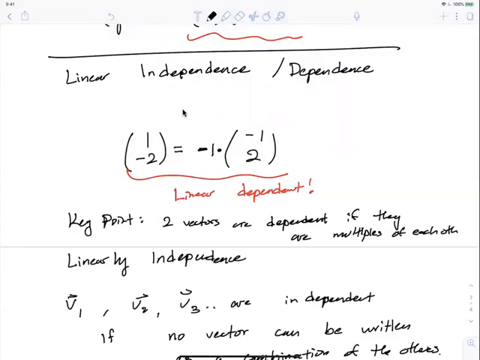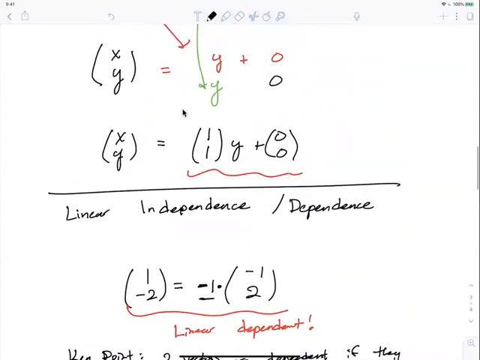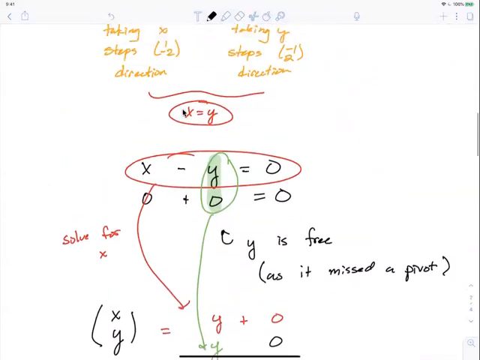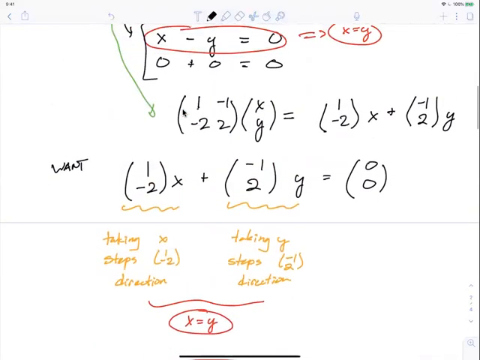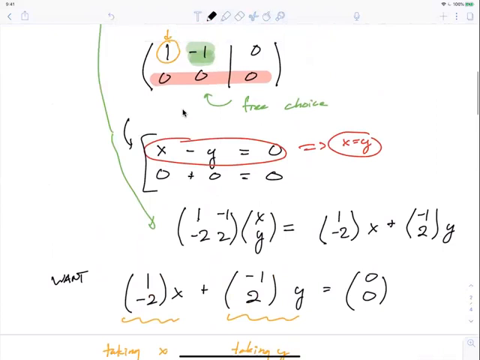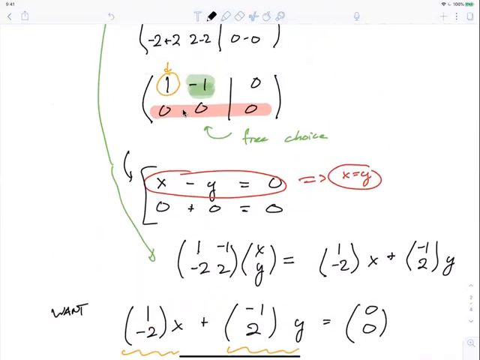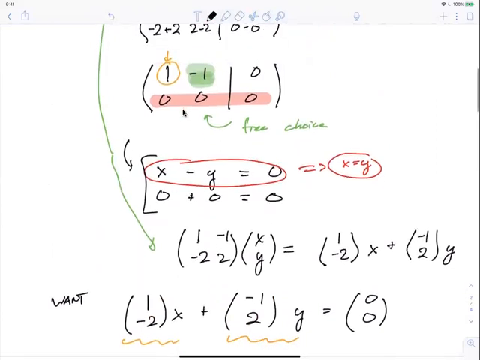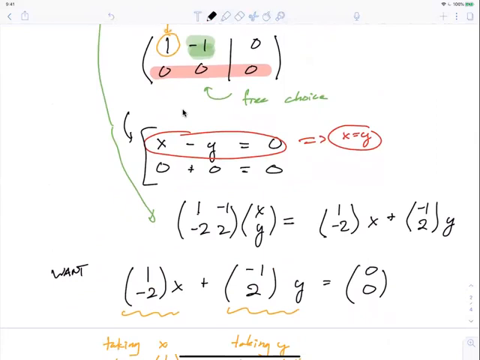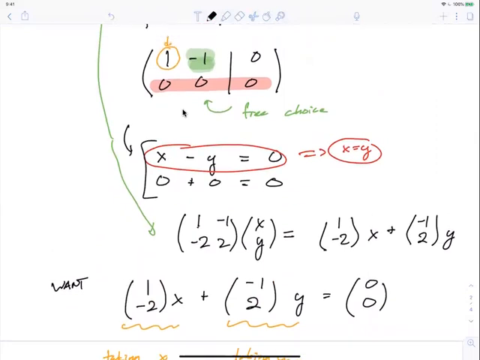So the common ratio here would be -1. And if you go back and look at what's really happening when you solve these linear systems, the reduced echelon form that you arrive at is secretly and kind of mysteriously encoding which vectors are independent of which other ones. So in the end, we discover that y was dependent on x. It's just a multiple of that. So that's why we ended up with a free choice.